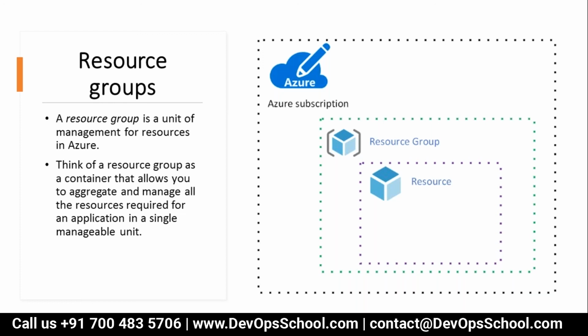Now, what is the use of a resource group in a project? What is the requirement for creating different resource groups? Why are we not putting all the instances or resources in a single resource group? This kind of question will float in your mind. What is the reason? Billing purpose.